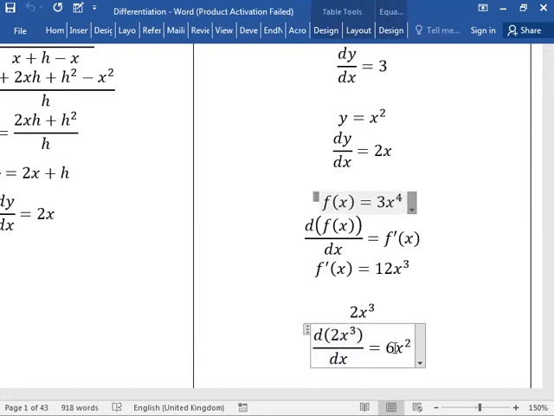Did you understand the notation? You must know what we are writing. You must know the concept as well. Is this clear? And you must know how we differentiate. We are just using this pattern, and we understand that when functions are adding, we differentiate each one of them individually. Is this clear?